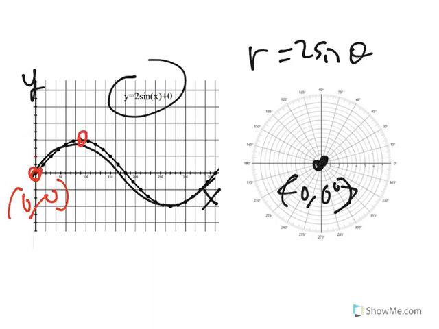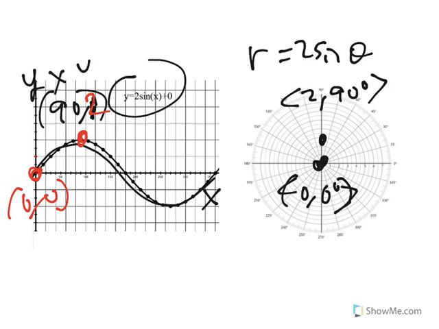And this point over here, which is 90, 1, that corresponds to the point 90, 2. That corresponds to the point 2, 90, because this is xy, but this is r theta, like that.